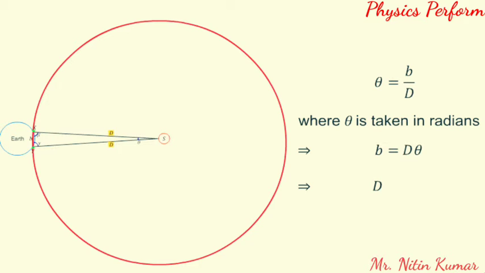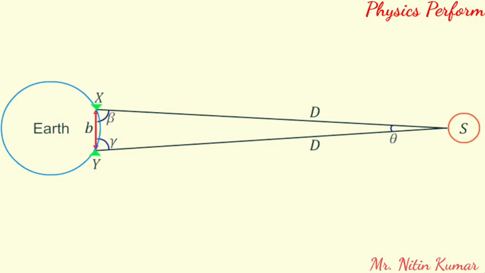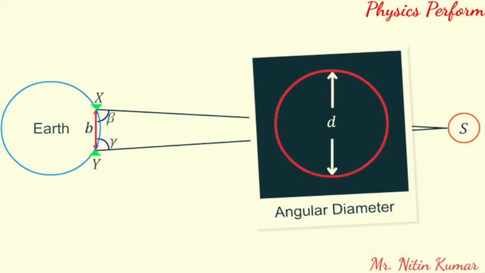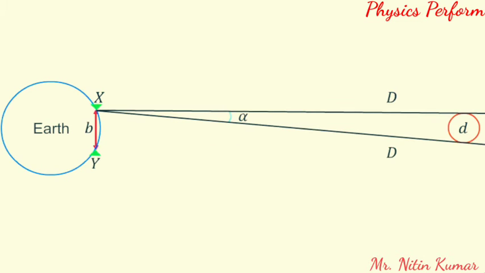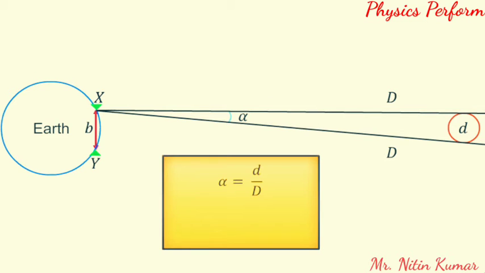As we measure the distance of a faraway planet from the Earth, we can also measure the size or angular diameter of the planet. If D is the diameter of the planet, and alpha is the angle subtended by the planet's diameter at the Earth, we have alpha equal to D by d, or D is equal to d alpha, where alpha is in radians.